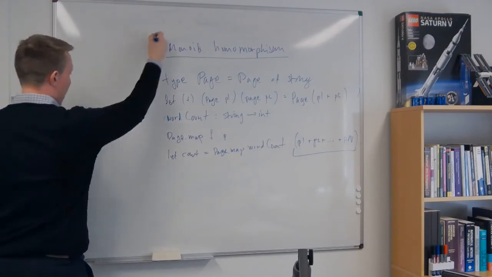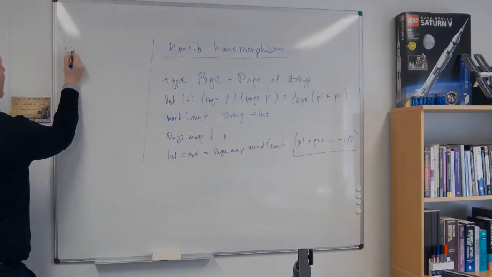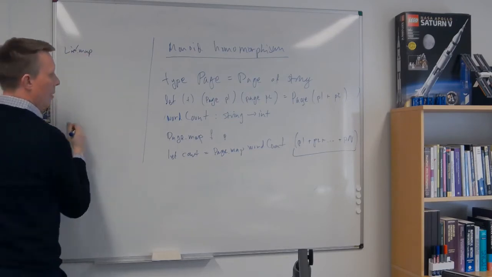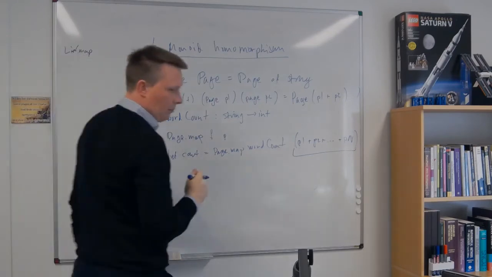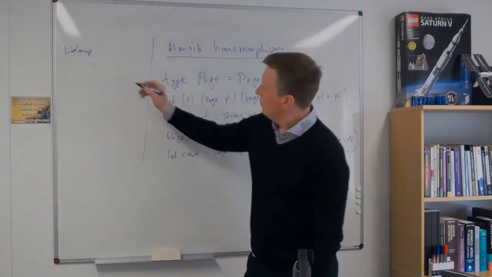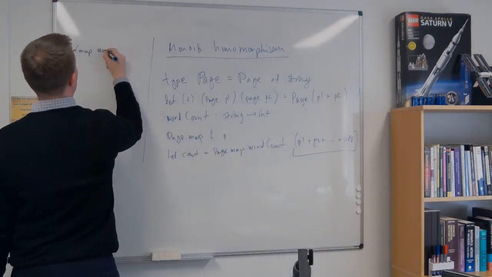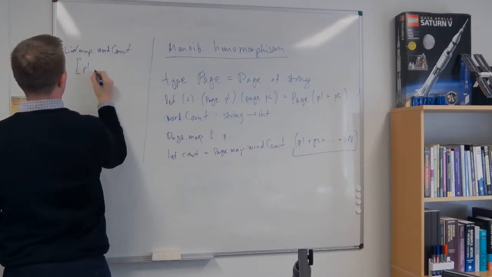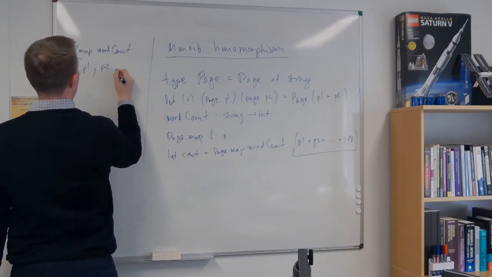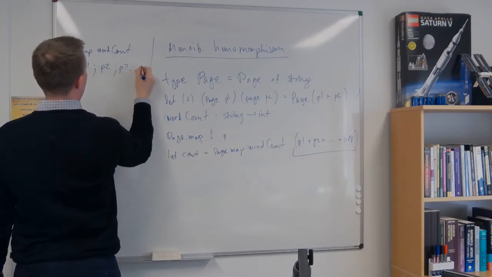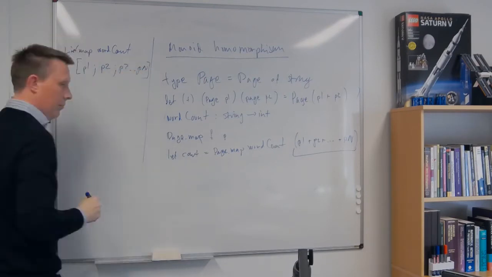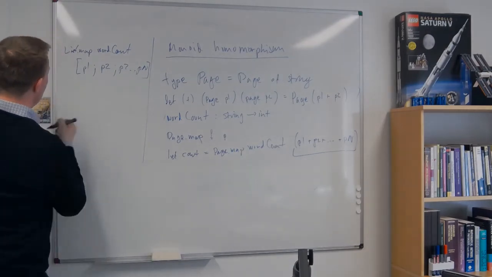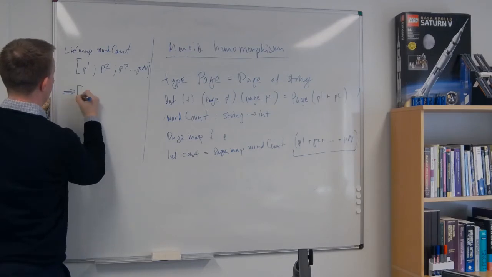So then I could say list map word count, and then I have a list of P1, P2, P3, Pn. So now I'm using the list map instead. And this will result in a list of integers.